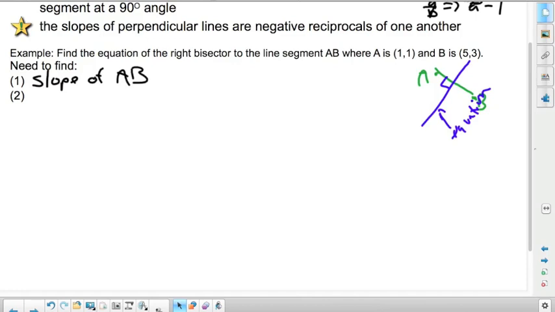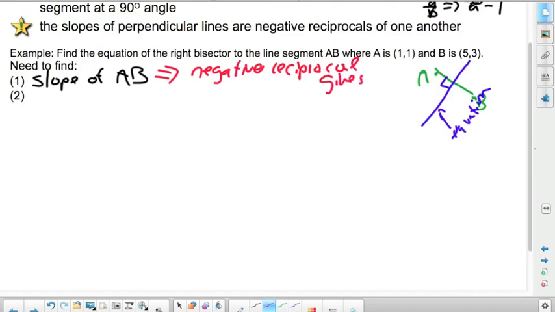So the slope of AB, and its negative reciprocal, gives the slope of the perpendicular bisector. Do you guys remember that symbol for perpendicular, the upside down T?